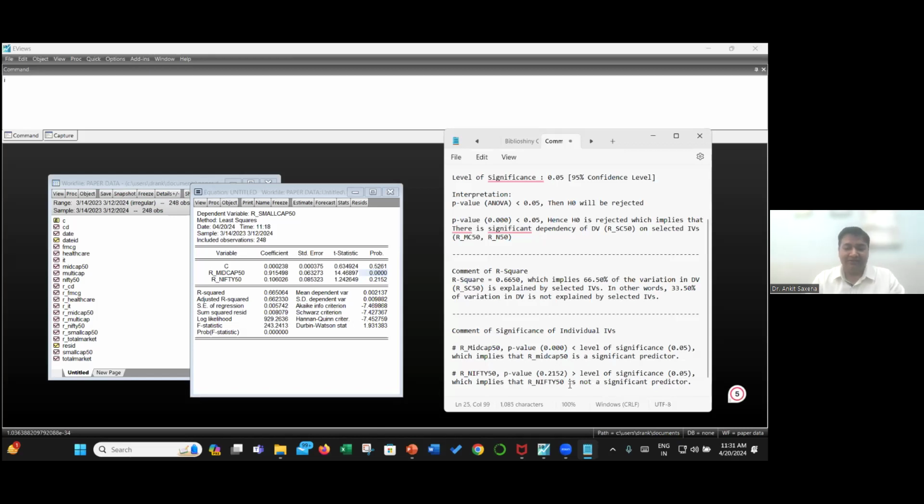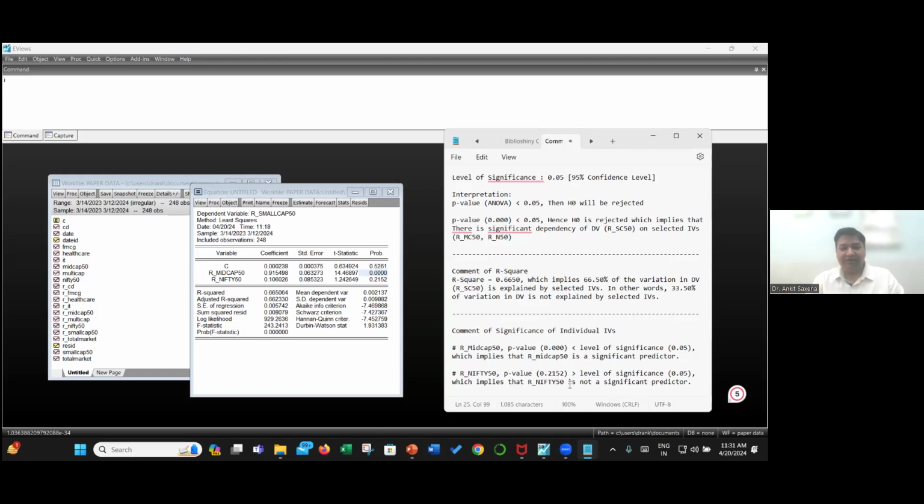You can also say that Small Cap 50 returns are not significantly depending on the Nifty 50 returns. So it is not a good predictor, and we should not be using this in our regression model. This is the way we normally write the interpretations.